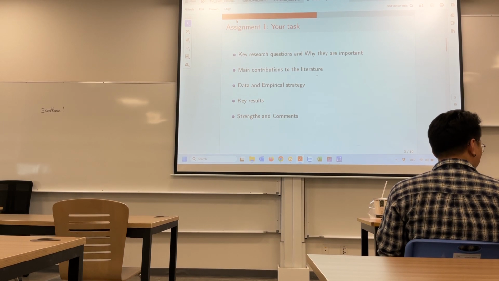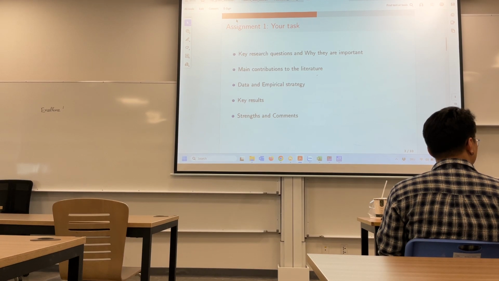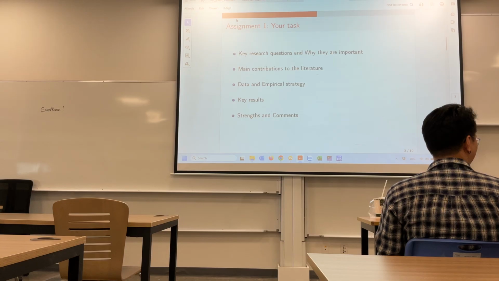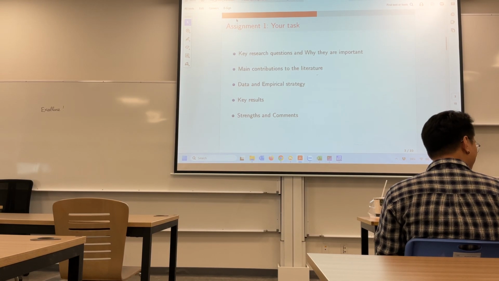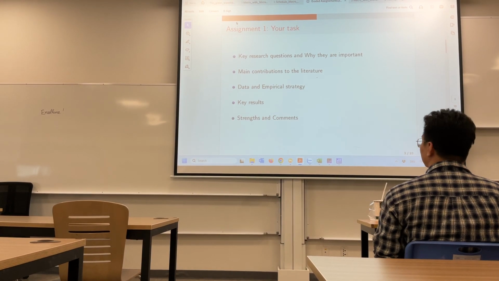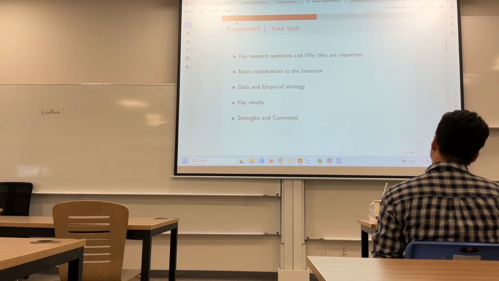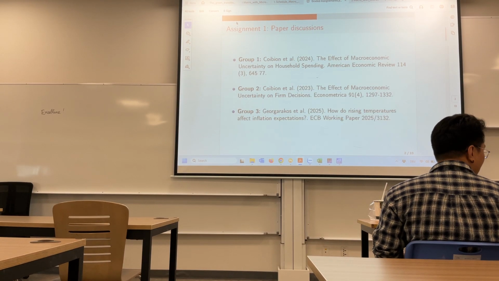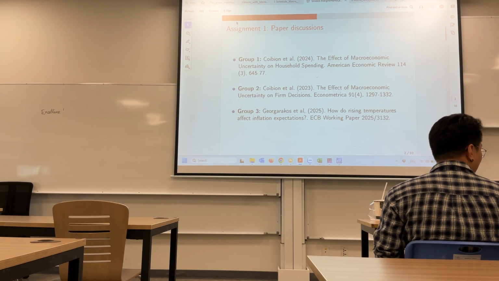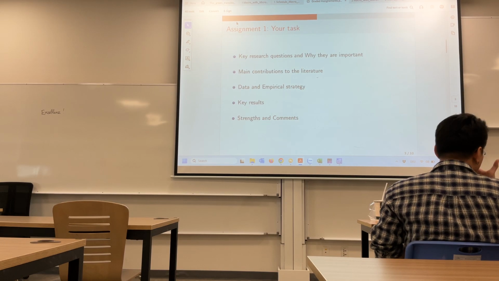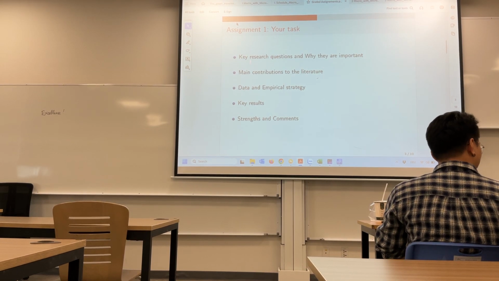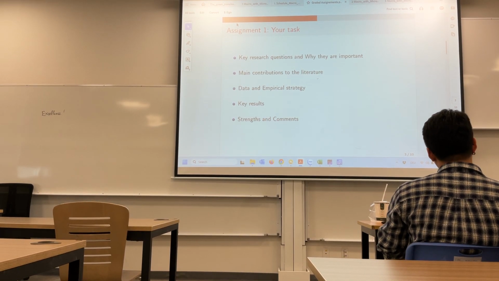With 18 minutes and 3 people per group, each of you will present 6 minutes, so equally. That is the first one. And you will present the exercise on Monday morning.